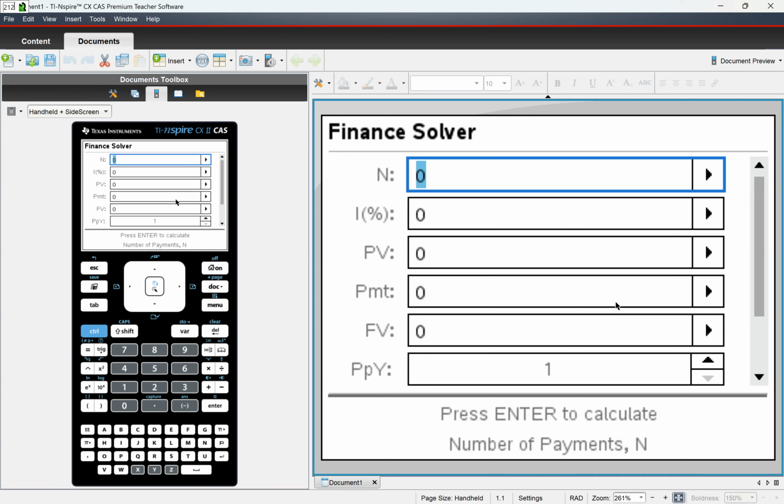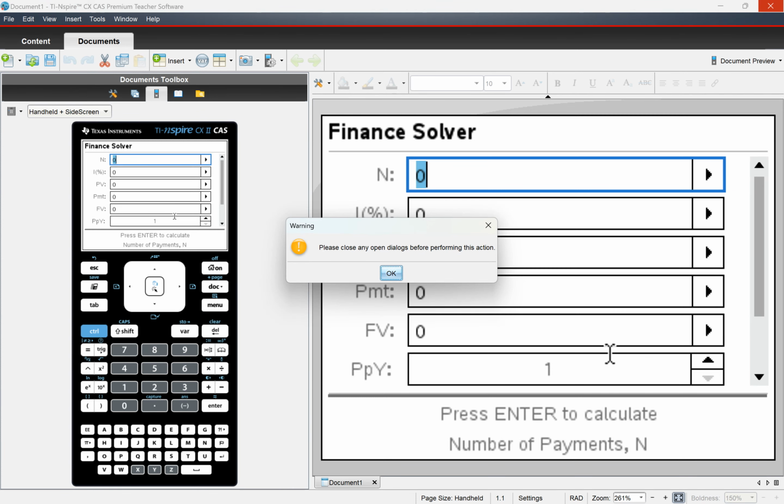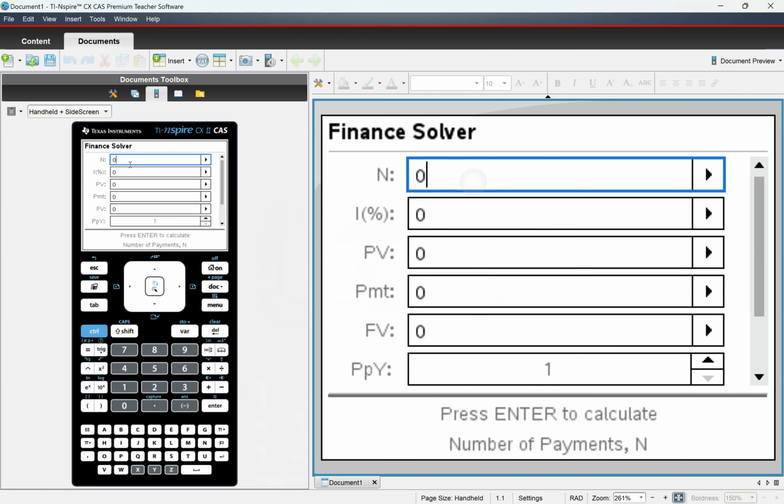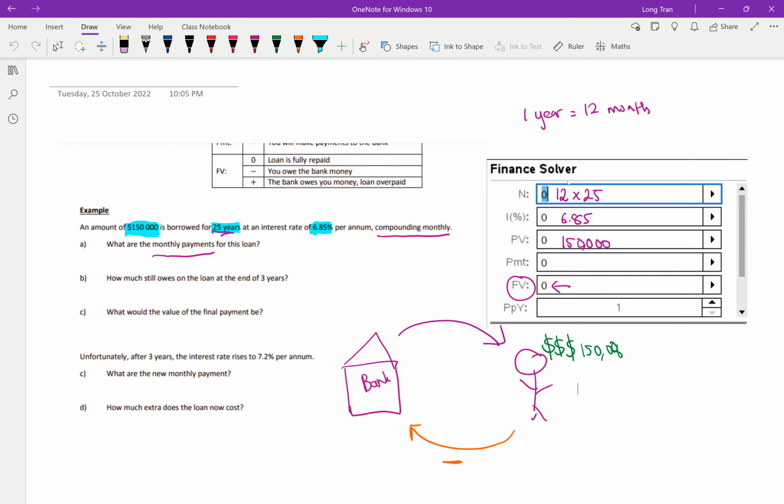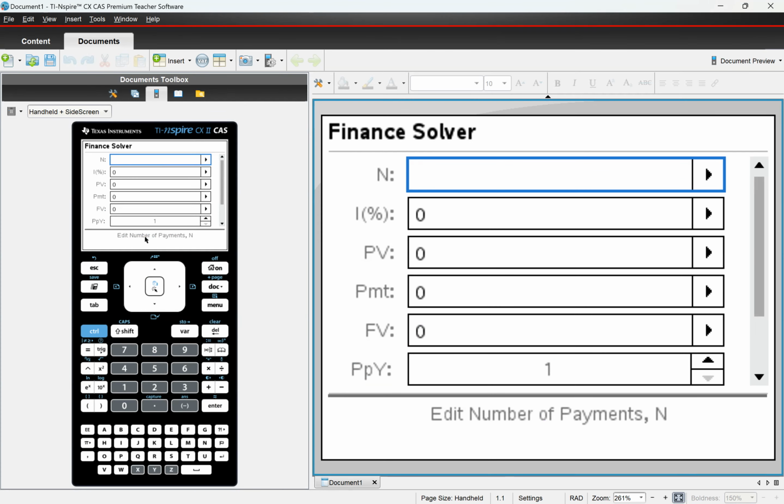Oh, this is so odd. I can't seem to type. Any clues? Okay, let's try typing. I'm not sure what's happened here. I'm not sure what's happened with my keyboard. I can't type any numbers.